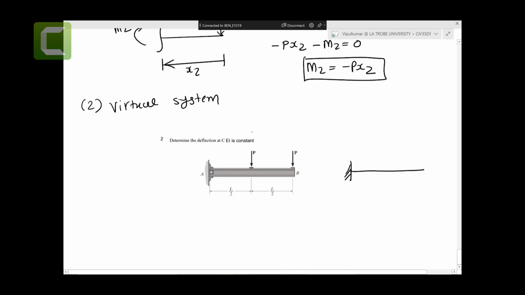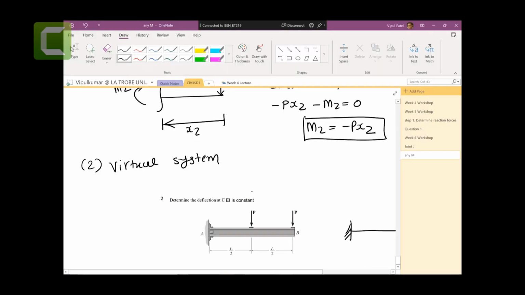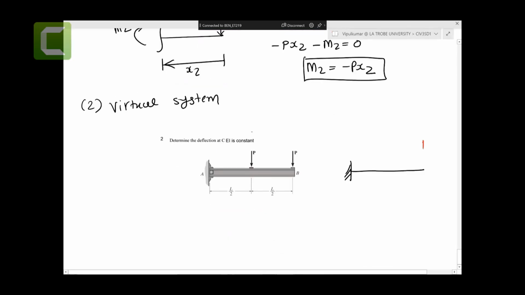we draw the virtual system, and we put the load at the point where we want to find the displacement, right?